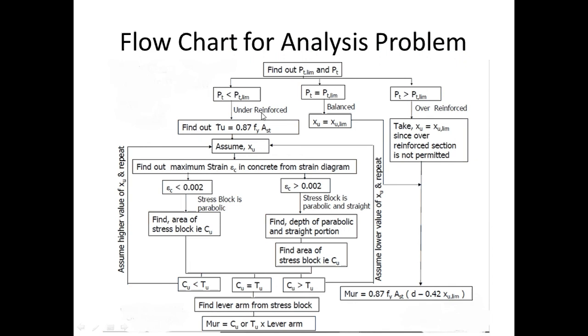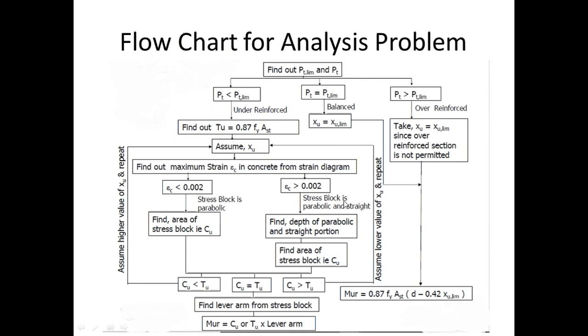If it is an under reinforced section, then we have to identify how much tensile force is going to come in the structure. Next we have to assume the depth of the neutral axis, and then identify the maximum strain in the concrete. If it is less than 0.01, the stress block is parabolic.